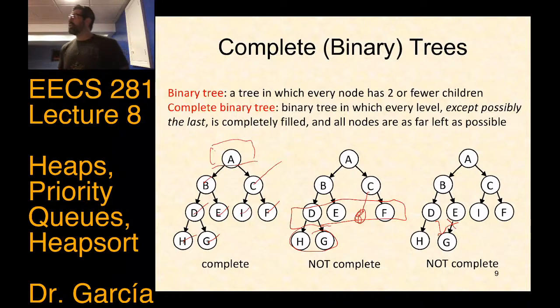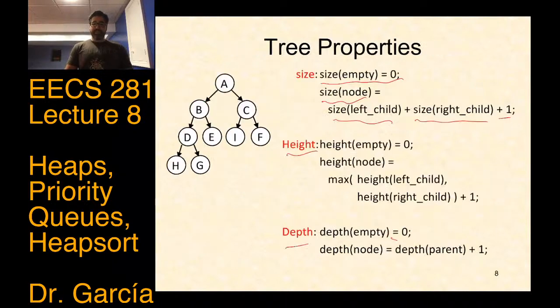Anyway, I see a few questions about height and depth. Let's circle back on those, right? So given the definition, the size is basically how many nodes are in the tree, right? Height is effectively in what level the node is at, right?